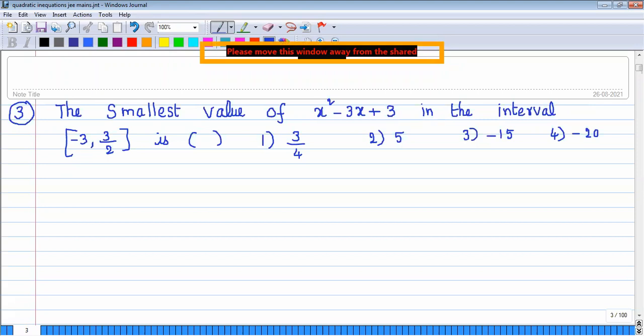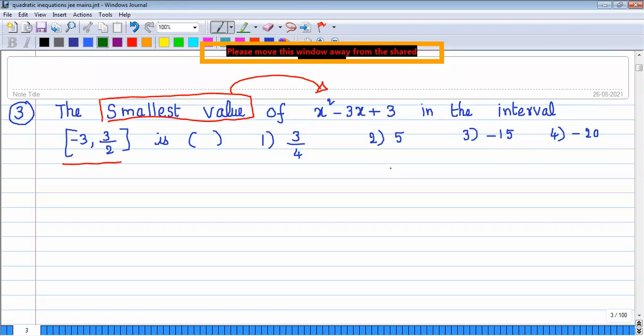So that means the smallest value we need to find out. Smallest value means don't say that it is minimum value. It's the smallest in the stipulated interval. So in this interval only we need to find the smallest value of the function x square minus 3x plus 3 in the interval minus 3 comma 3 by 2.